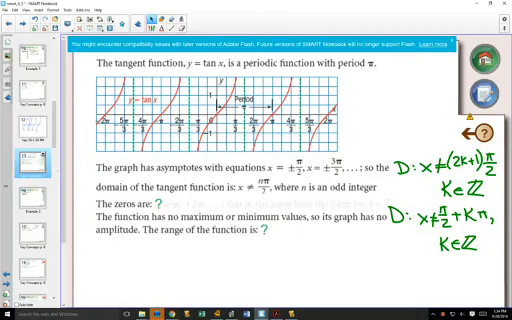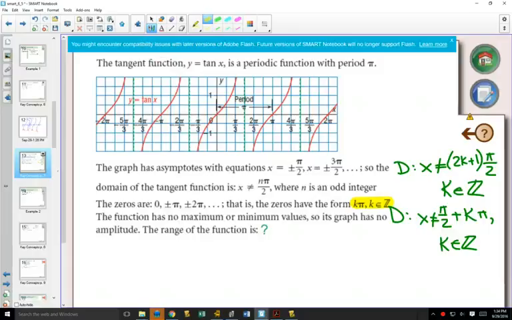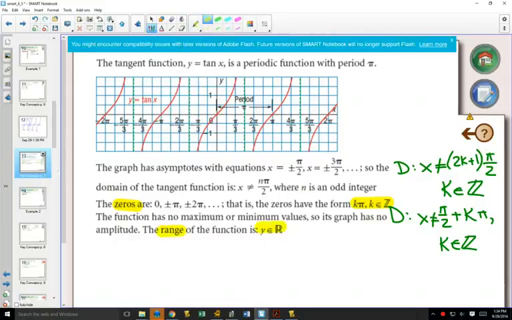The zeros are k pi. So this you can just highlight. Our zeros are k pi. And since there's no maximum and no minimum, the range is everything.